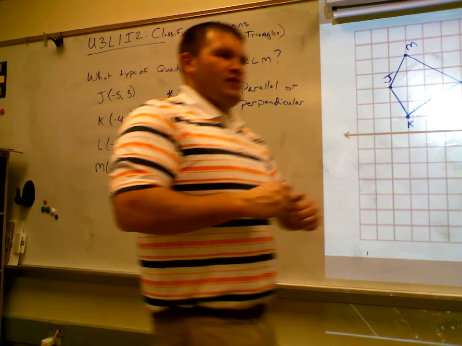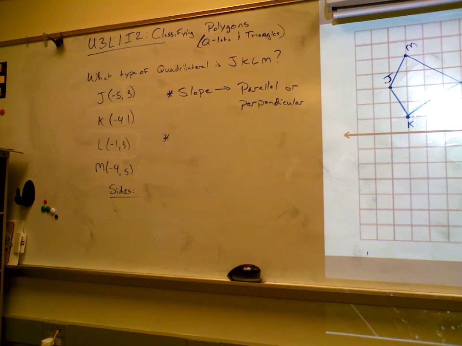But what will make it something different? Let's say I have a kite and a rhombus. How do I know they're different? Different size, different shape. What about distance?